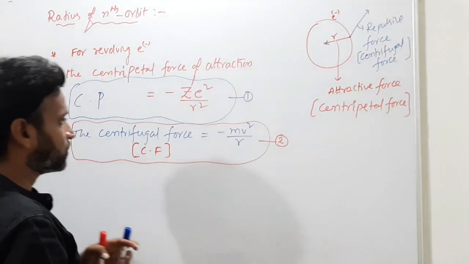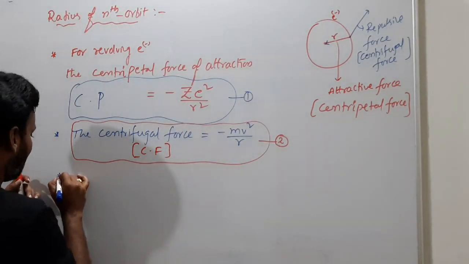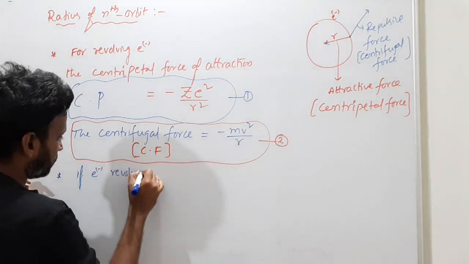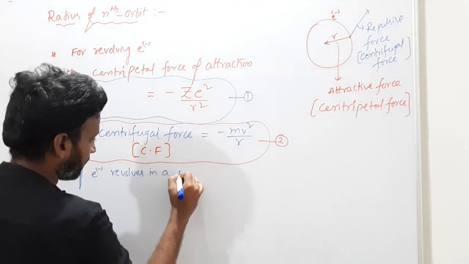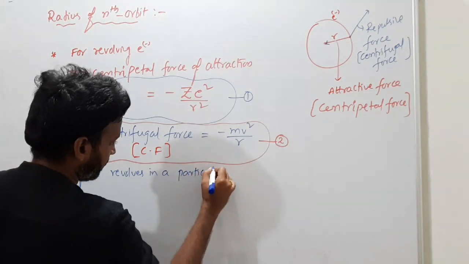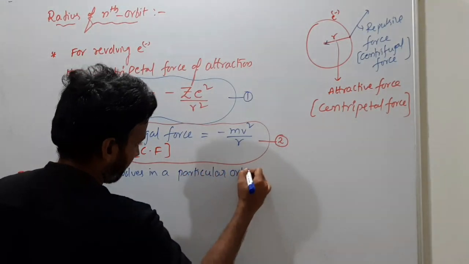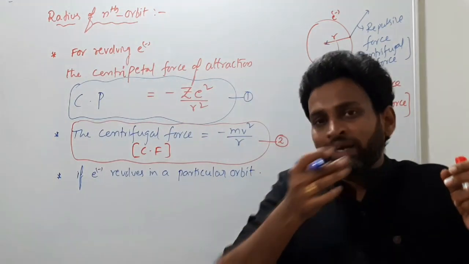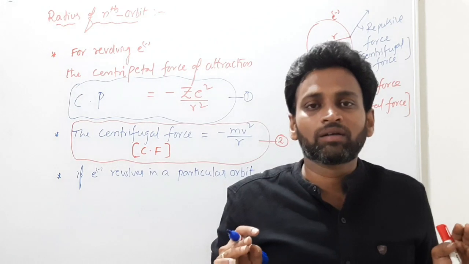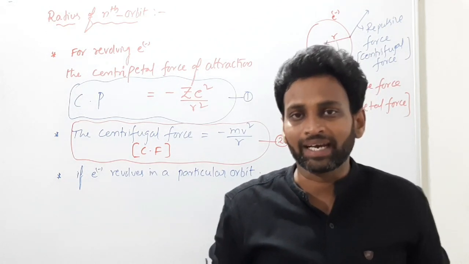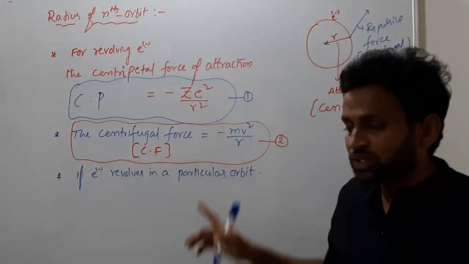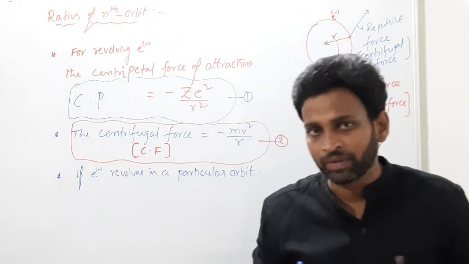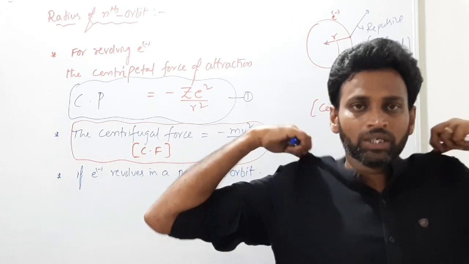Got it clearly? So now if an electron revolves in a particular orbit, then will these two forces become the same or not? You only tell me. The electron position is fixed.